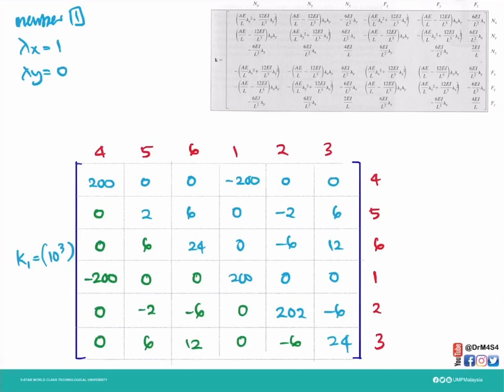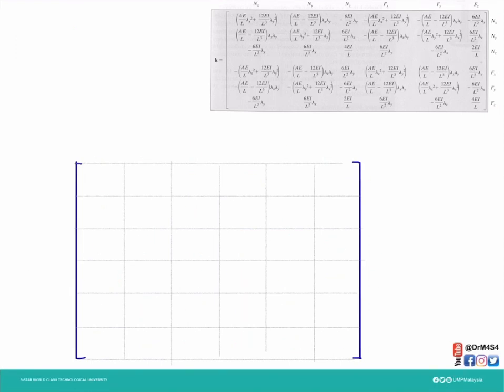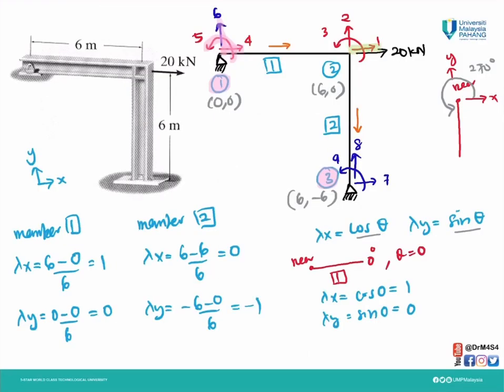Next we're going to do for member 2. Lambda x is 0, lambda y is -1. So numbering for member 2, 1, 2, 3, 7, 8, and 9. Always x, y, and then z.